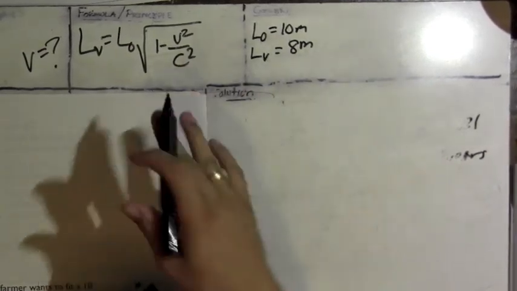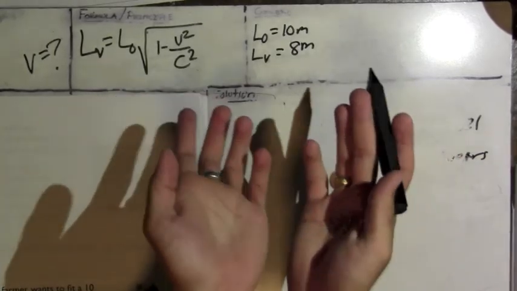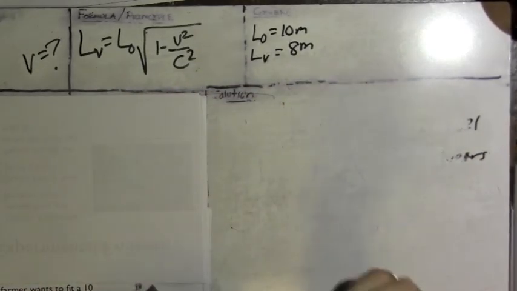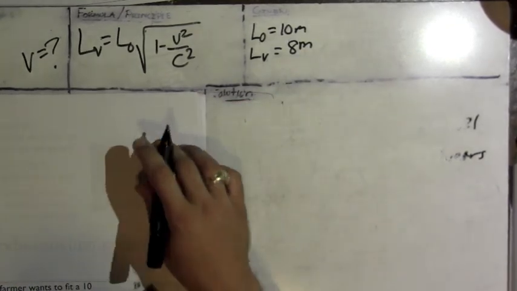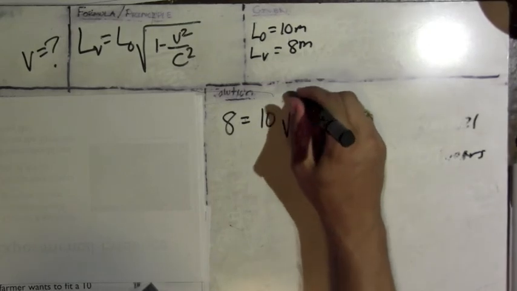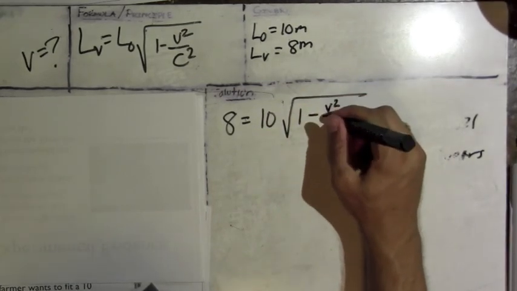So that's pretty easy once you look at it that way. If you were to somehow make a mistake here, you could always just flip them because you end up getting negative values. So we're going to say that 8 equals 10 times the square root of 1 minus V squared over C squared.